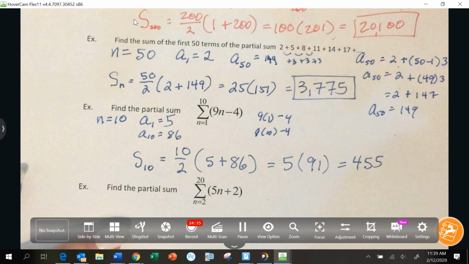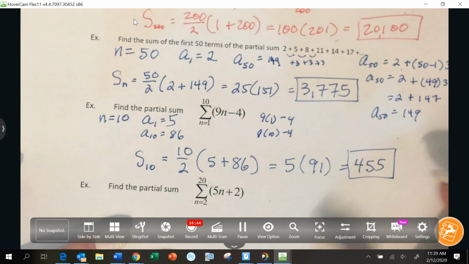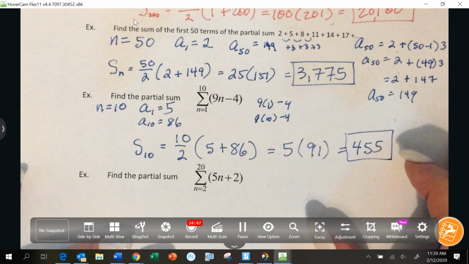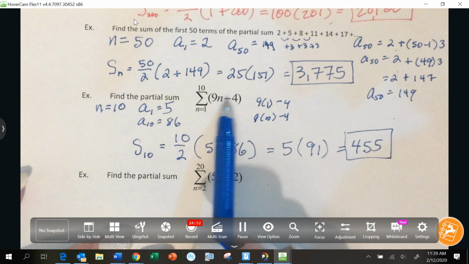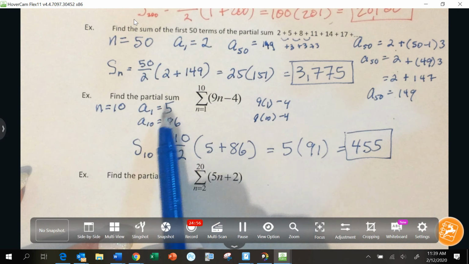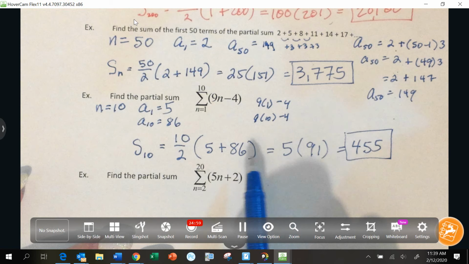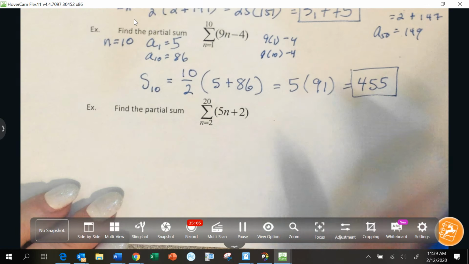Is that right? There might be a question where you're allowed to use your calculator to plug this in, but there might be a question where you're going to use this instead. So you'll be assessed on different things.